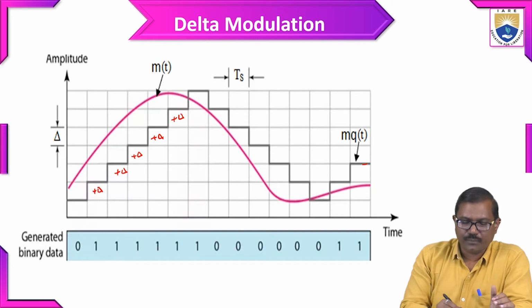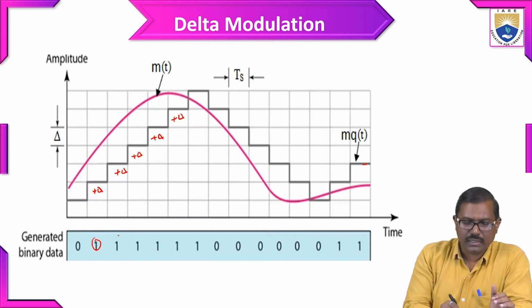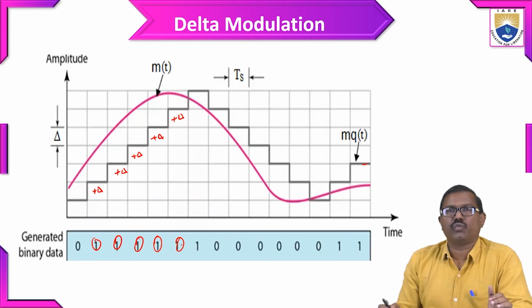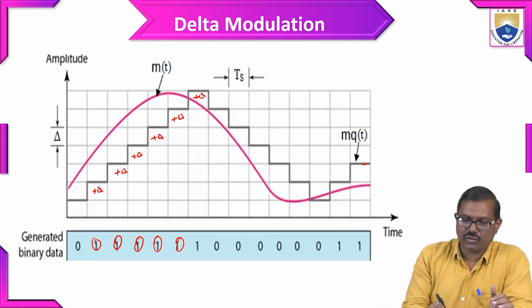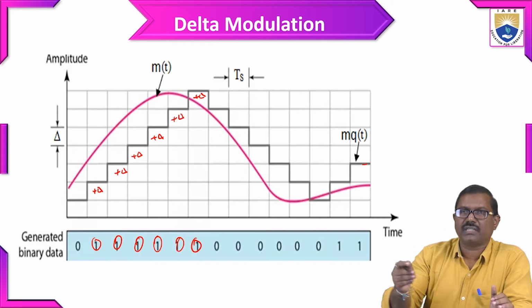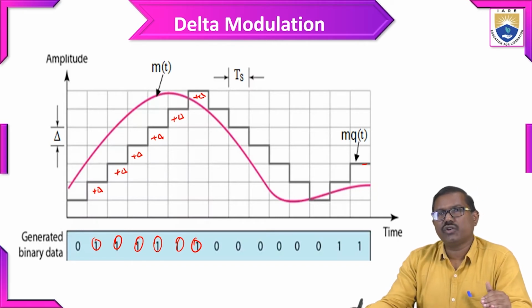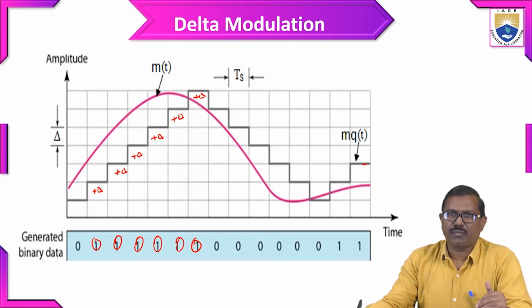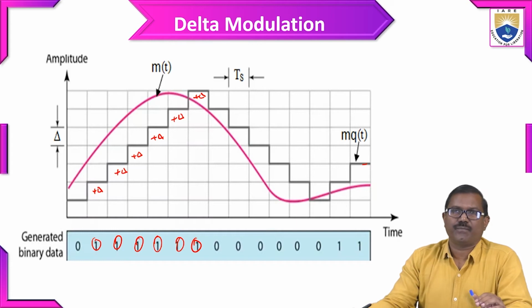That's why whenever plus delta is coming, 1, 1, 1, 1 is generated. Here also plus delta, so 1 is coming. Then the approximation goes above the message signal, so again it is going to track. That means it comes back to the message signal. The staircase approximation is always in touch with the message signal.